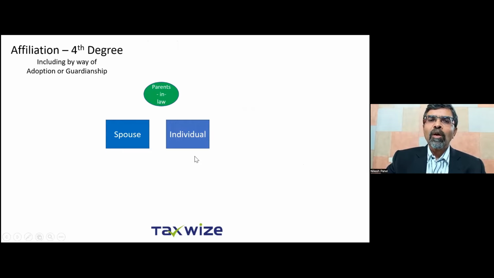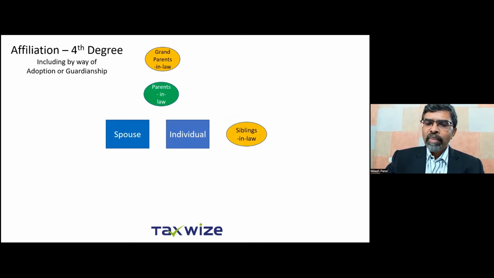The parents-in-law are my first degree of relatives by affiliation. Grandparents-in-law and my wife's brothers and sisters are my second degree of relatives by affiliation.